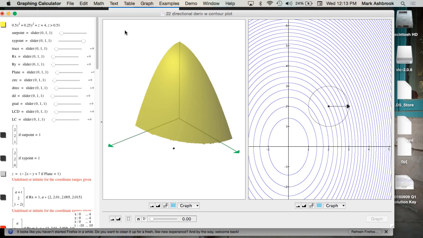So this is z equals, or f of x, y equals negative 1/2 x squared minus 1/4 y squared plus 4. Those are both negative, it's opening downward, right? Can you read everything I wrote there? So that's the function you were looking at with the contour plot. And we're focusing on the point 2, 2.